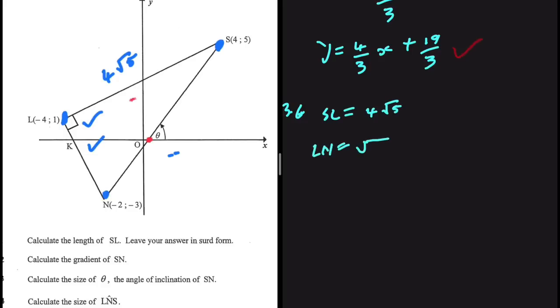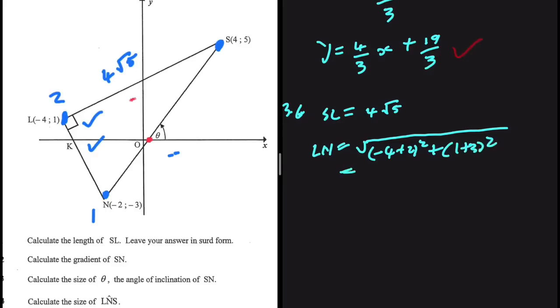So LN will be the square root of (x2 minus x1) squared plus (y2 minus y1) squared. If I take L as our second point and N as our first point, I'm going to have minus 4 minus minus 2, so minus 4 plus 2 squared, plus 1 minus minus 3, so 1 plus 3 squared.